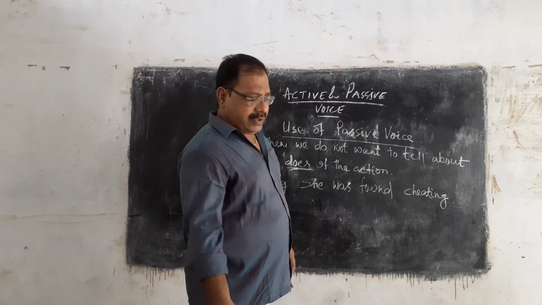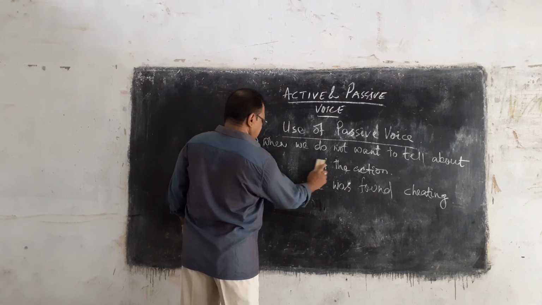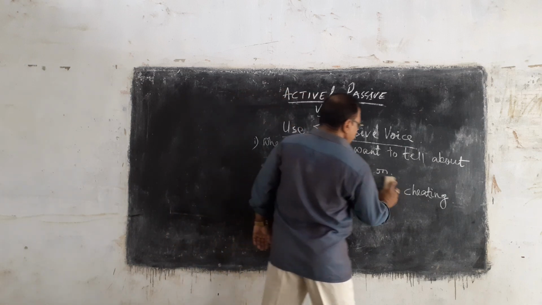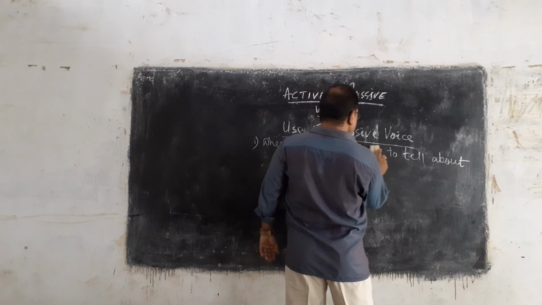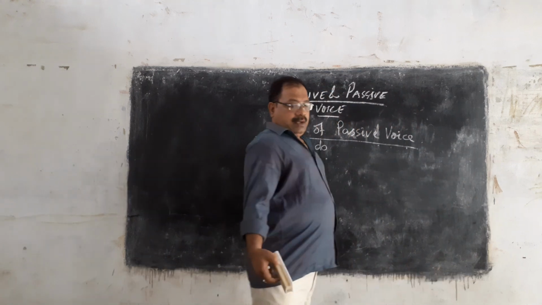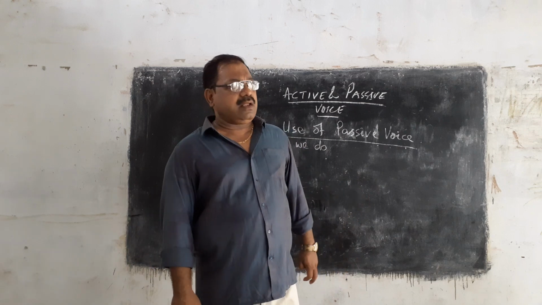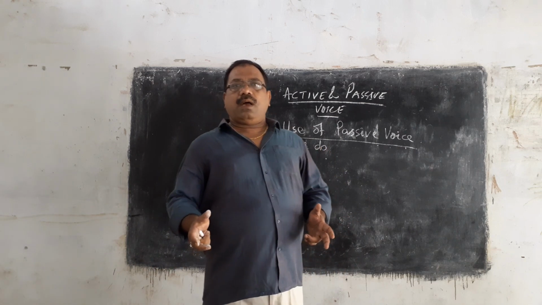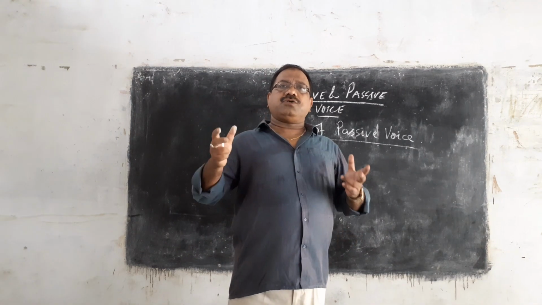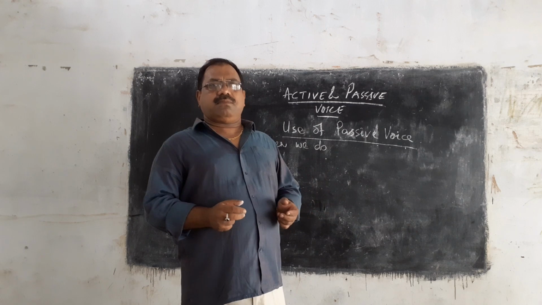Second, we use the passive voice where we do not know about the doer of the action. Who is the doer of the action? We do not know about him.